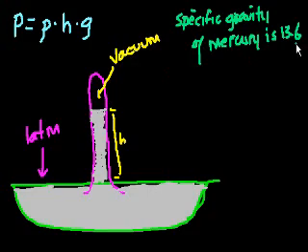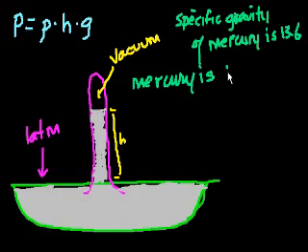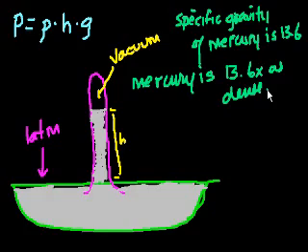Specific gravity is just the ratio of how dense that substance is to water. So all that means is that mercury is 13.6 times as dense as water, right? And hopefully after the last video, because I told you to, you should have memorized that the density of water is 1,000 kilograms per meter cubed.